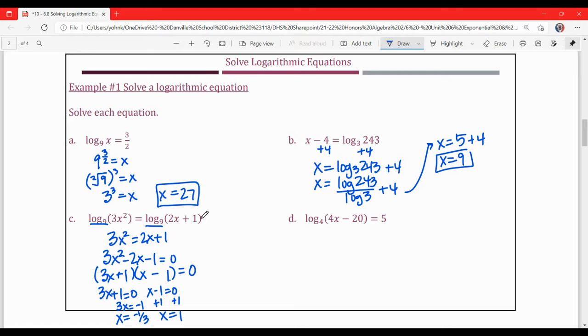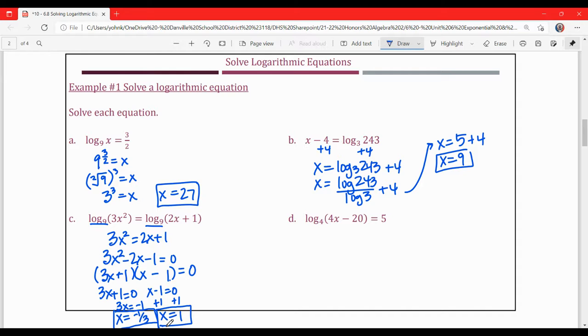But if I add 1 to it, I get a positive 1/3. So actually, x equals negative 1/3 does work. If I plug in 1, I get a positive on the left and I get a positive on the right. So in this case, both work. Sometimes both will work, sometimes neither will work, sometimes one or the other will work, and the other one won't.